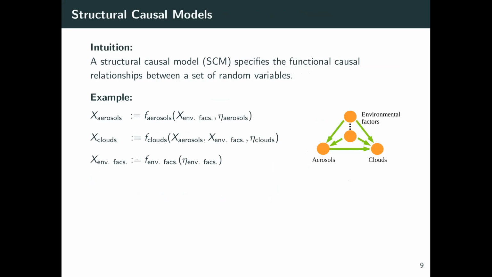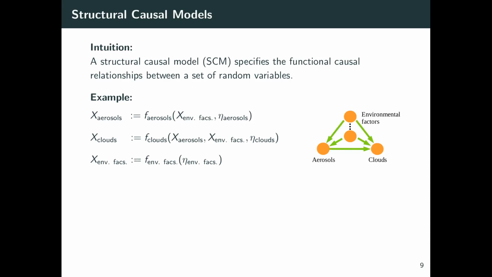I will stay on a conceptual level here. The intuition behind a structural causal model is that it specifies the functional causal relationships between a set of random variables. So in the previous example, the value of the aerosol variable would be dictated by a function of the environmental factors, and by eta here, we have some complex processes that are only influencing the aerosols.